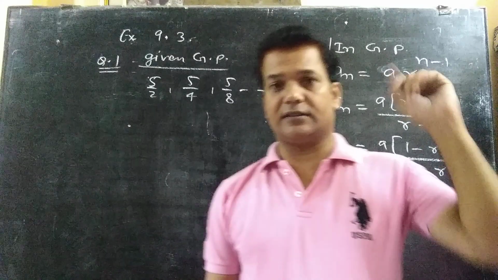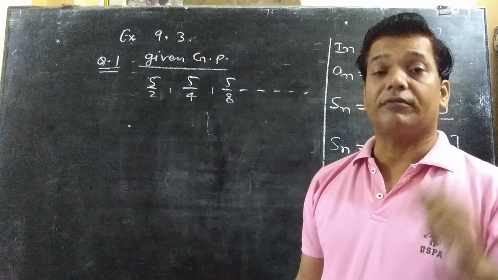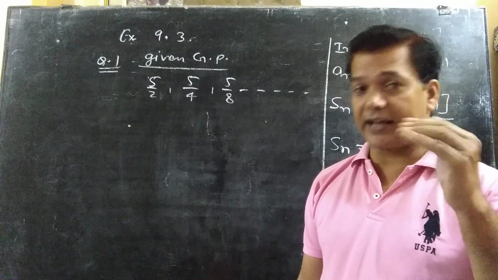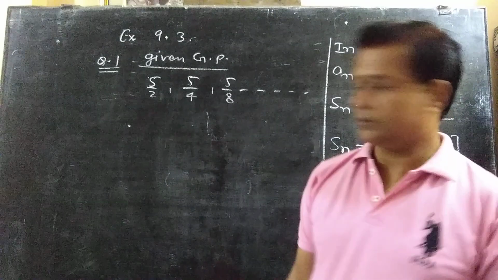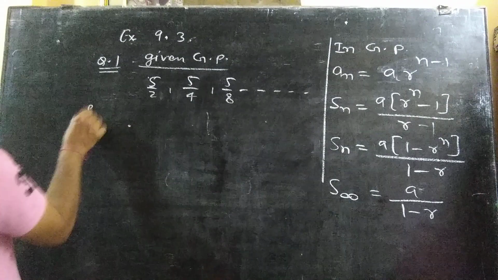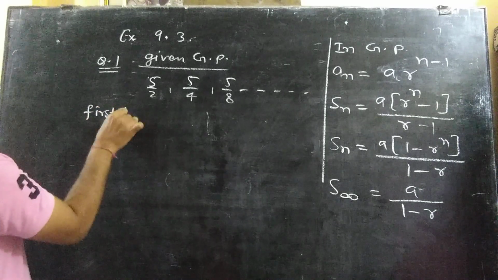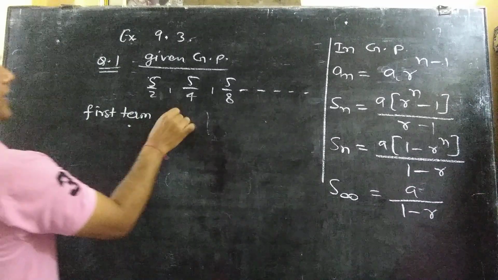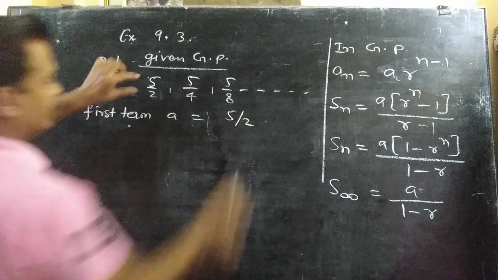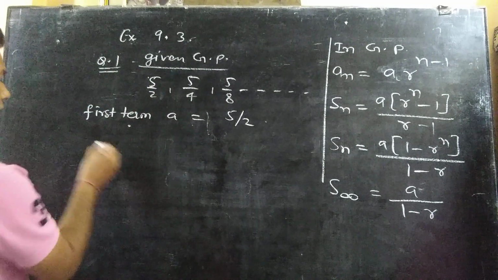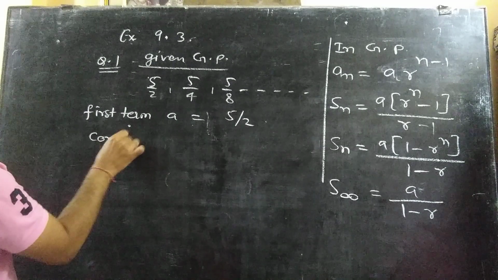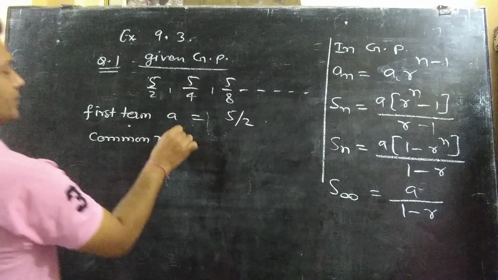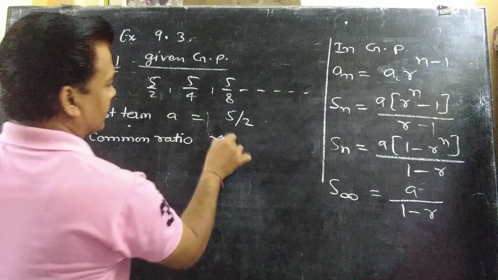To find the 20th term, first we have to find a and r's value. The first term a is 5 by 2 here. And now we want to find out the common ratio r.